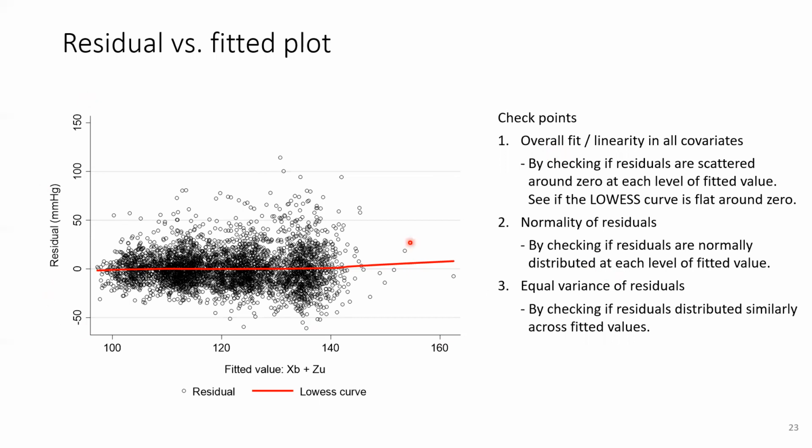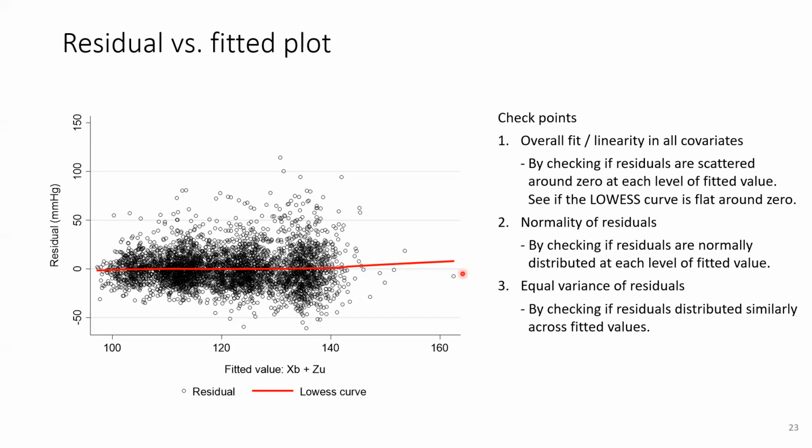If this assumption holds, we expect that the mean of residual is always constantly around 0, as you can see here. By the way, this red line is the lowest curve, which represents the mean of residual at each fitted value. So here it's almost linear, so it means that this assumption holds.